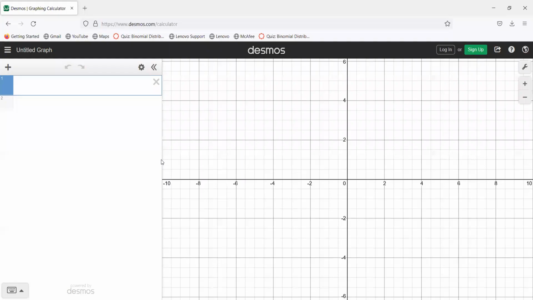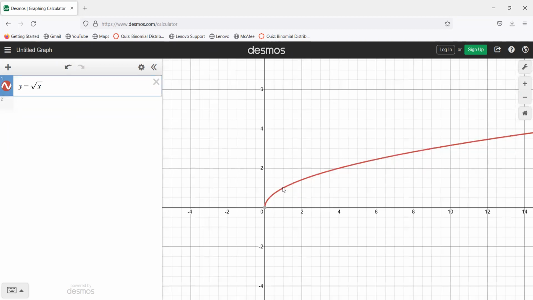So the first graph is y equals square root of x. So this is the square root function. This function starts at 0. We cannot plug in any negative number inside the radical. Why is that? Because the index is 2 and the domain must be 0 or any number larger than 0, positive numbers.